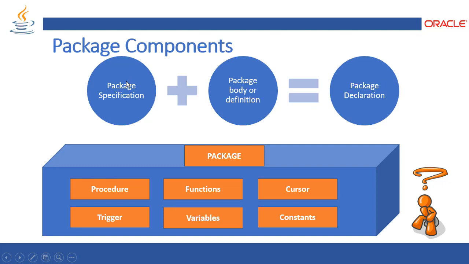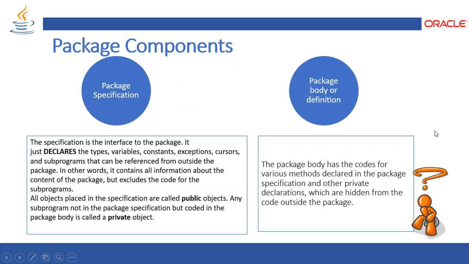Create package actually contains two major parts: package specification and package body or definition. Combining these two, you can actually declare the package and use it. So what is contained in the package specification? This declaration is local to the database and global to the package.